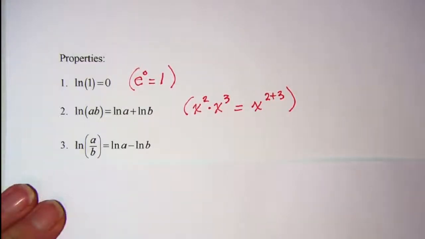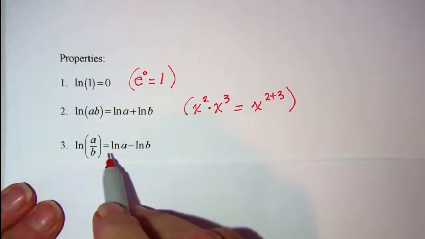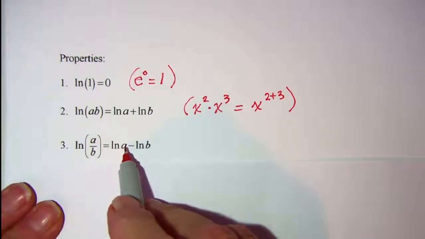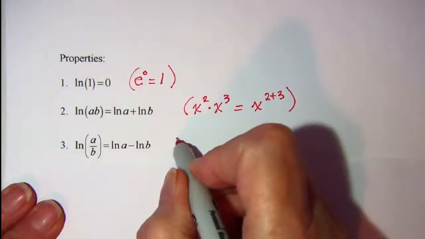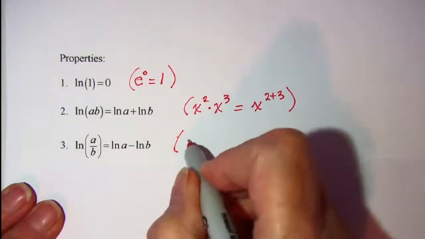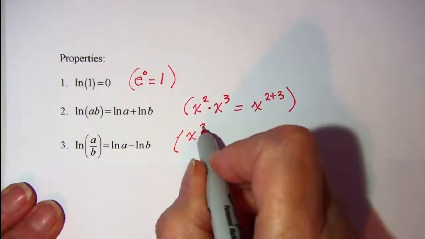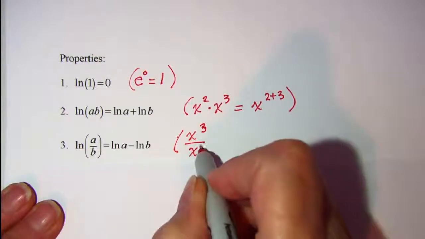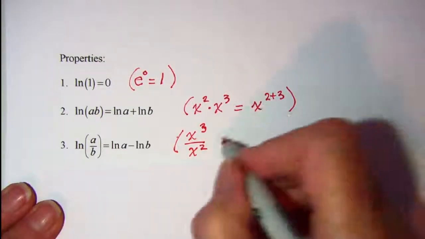The third property is the ln of a quotient is equal to the difference of the numerator and denominator. And if you want to think of that as x to the third over x squared, there's your division of your exponentials.